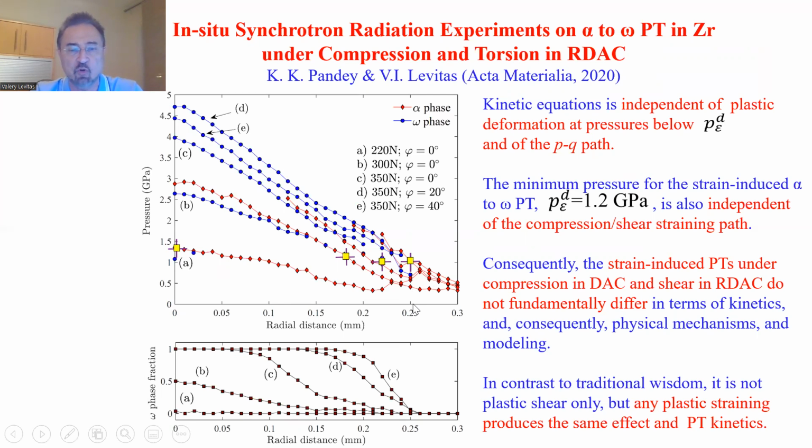This is a very important rule, and it has the immediately important consequence that strain-induced phase transition under compression in a diamond cell and shear in a rotational diamond cell don't fundamentally differ in terms of kinetics and consequently mechanism and modeling.